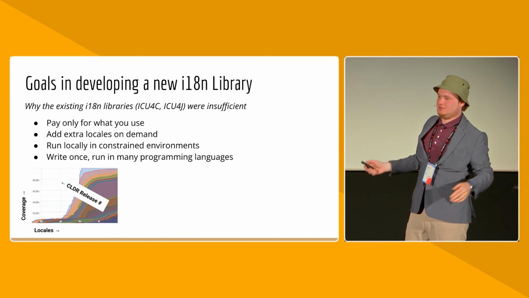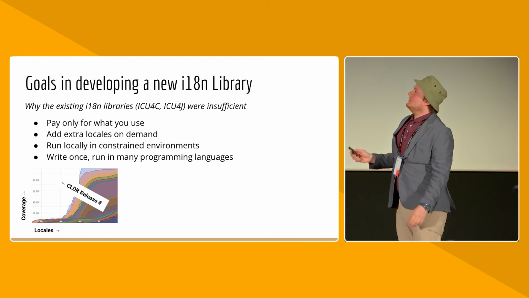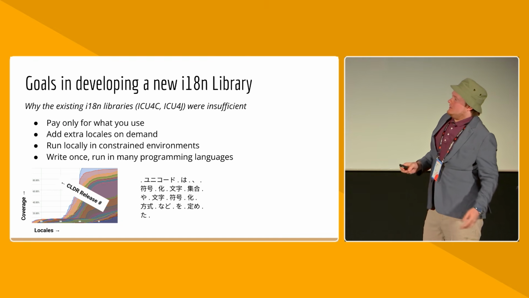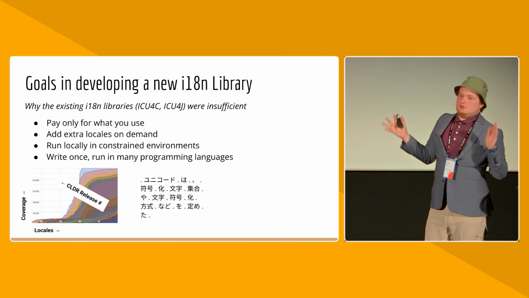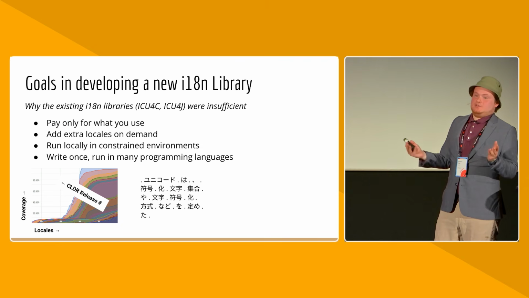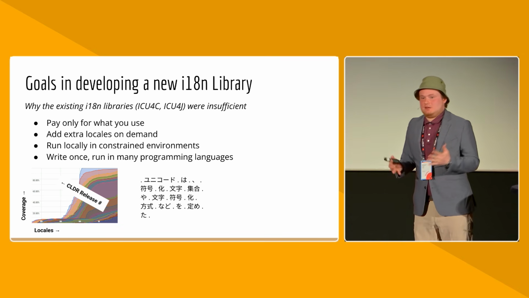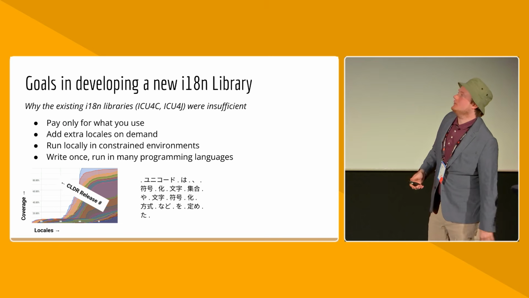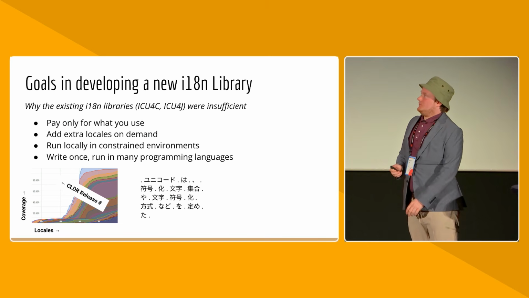So you have a lot of data. You only want to ship what you need. The next thing you want to do by adding extra locales on demand is to be able to maybe download extra locales, load them into your application, but depending on what language the user speaks, it doesn't make a lot of sense to ship 300 languages if the user speaks maybe 5. Right? So you want to be able to load extra locales on demand.